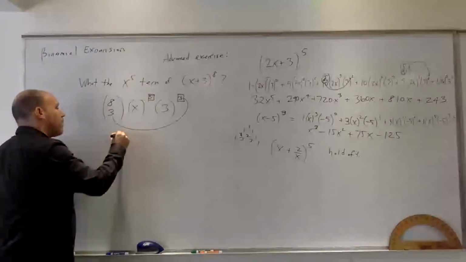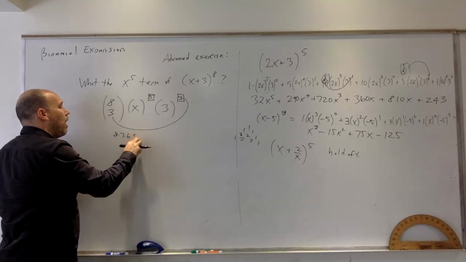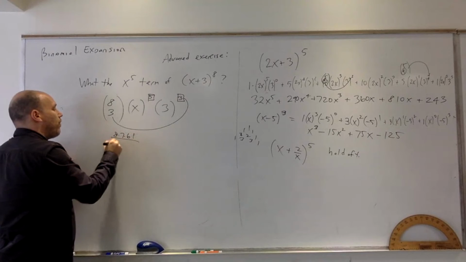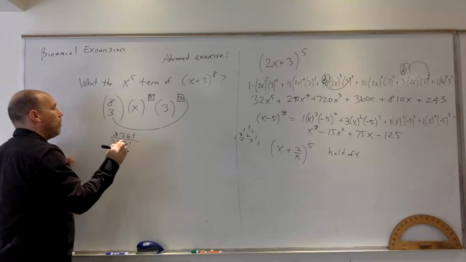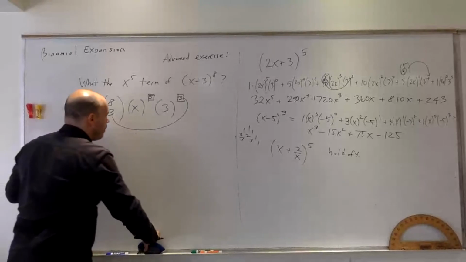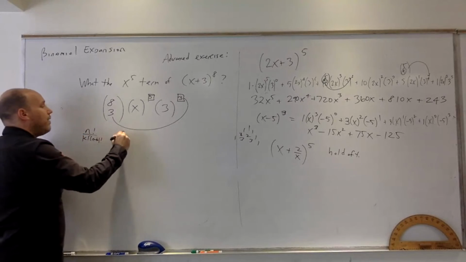What is 8 choose 3? Remember, it's n factorial over k factorial times n minus k factorial.